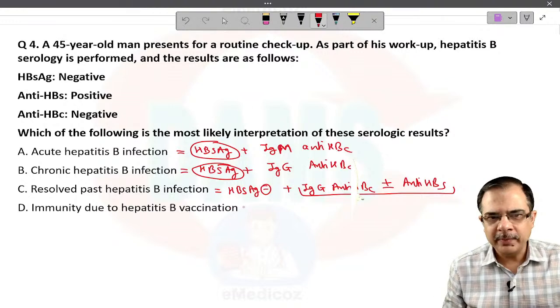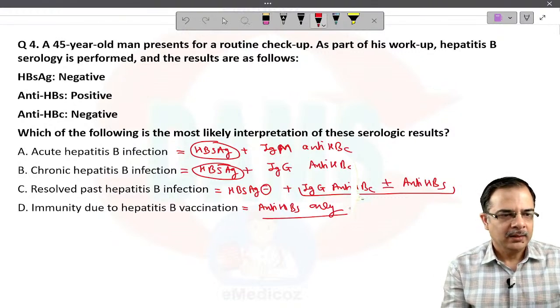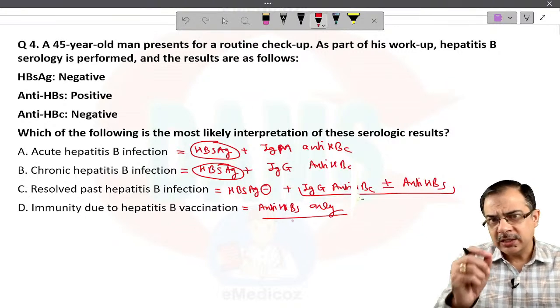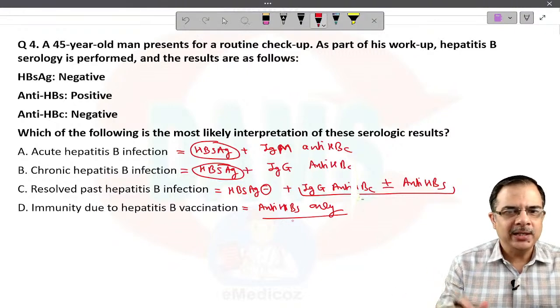While immunity due to hepatitis B vaccine will have anti-HBs only. It will have only anti-HBs because we give a surface antigen subunit to induce the immunity in the patient.